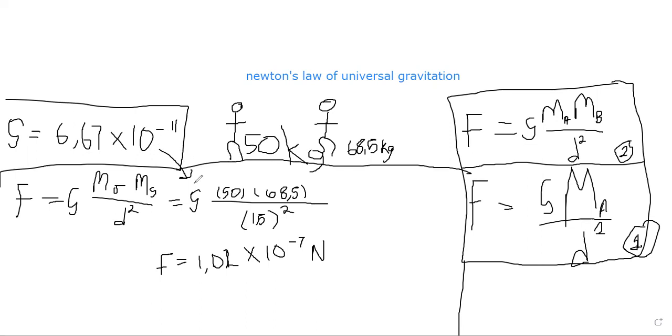No, sir. I don't think I substituted it in, that's why. Let me write it this side then. Yes, sir, I got the same answer as you. I substituted in the G, and I got it. So that's basically how we're gonna be working with Newton's law of universal gravitation.